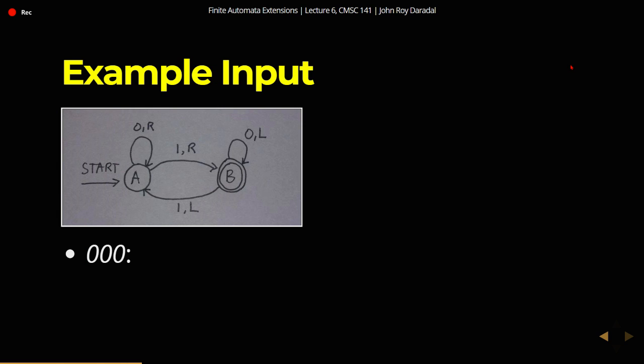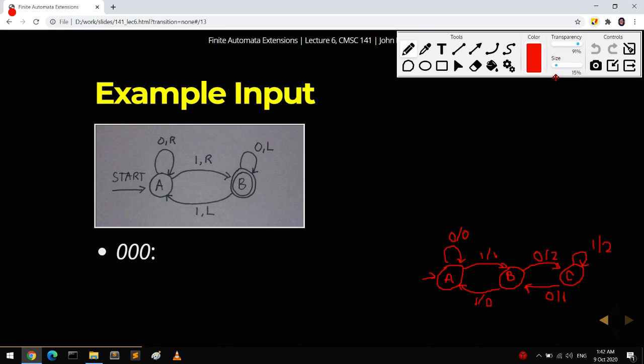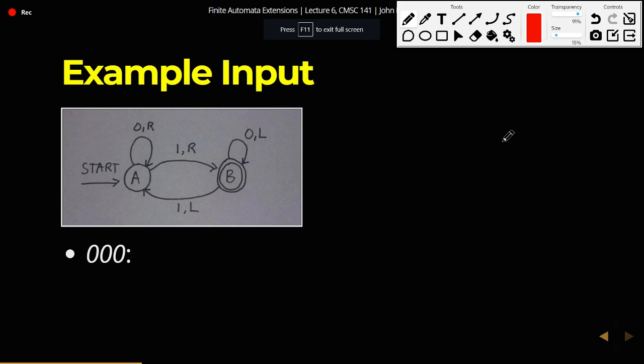Now let's see what will happen if we are given the following inputs. Given the example 2DFA that we have, what will happen if we have the input 0, 0, 0? Of course, we'll start at state A, right? And then we're currently processing this input symbol.